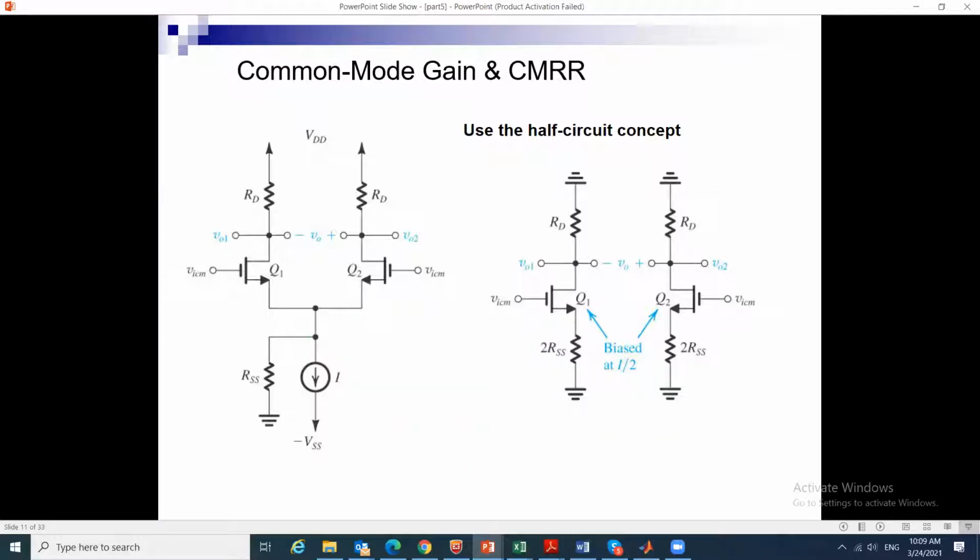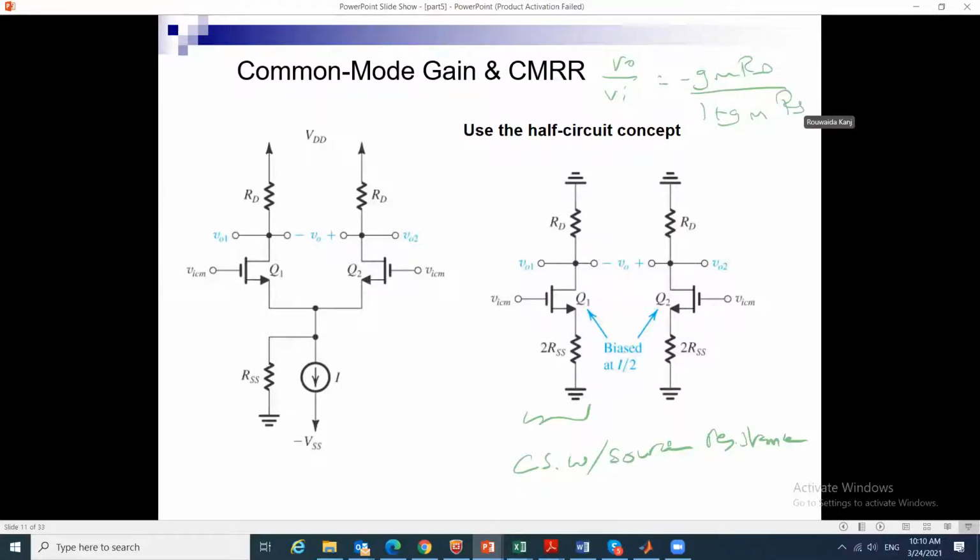Now this half circuit is simple for us. What type do I have here? This is a common source with source resistance. Exactly. So we know the formula, and the gain is typically VO over Vn is minus GMRD over 1 plus GMRS.